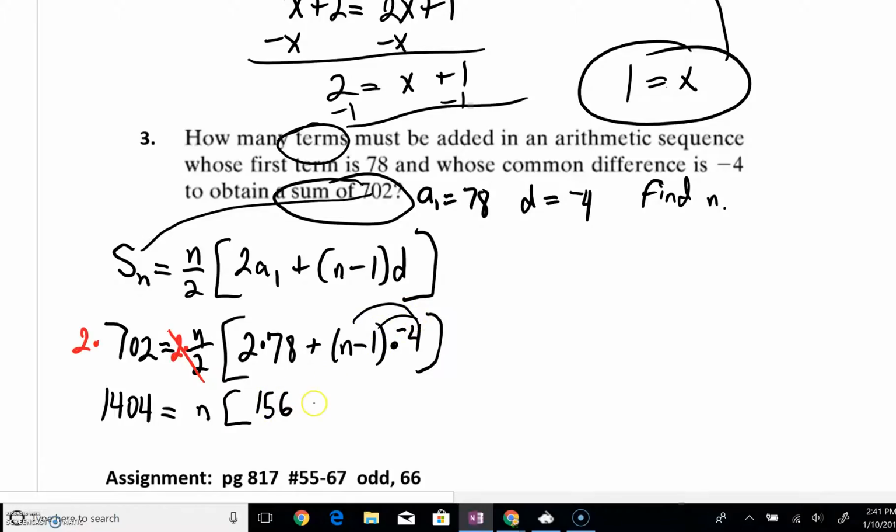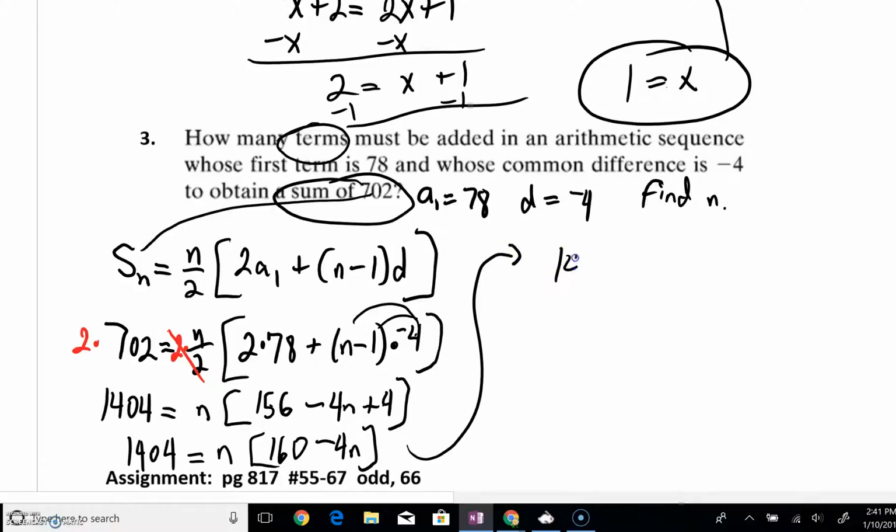As I distribute -4 here, we'd get -4n, and -4 times -1 is a +4. So cleaning this up a little bit, just combining our like terms inside of our brackets, we'd have 156 plus 4 is 160. And like I said, you're going to see that you have a quadratic.